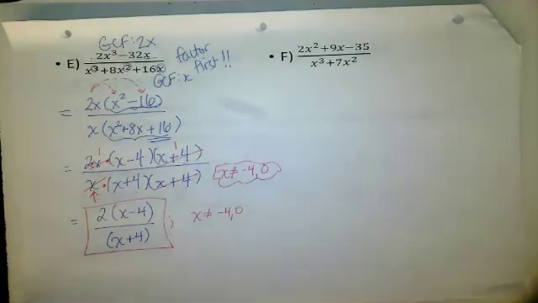All right, last one. Two x squared plus 9x minus 35 over x cubed plus 7x. Sorry, 7x squared.